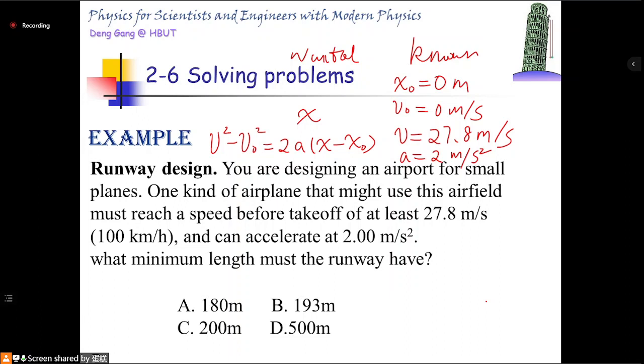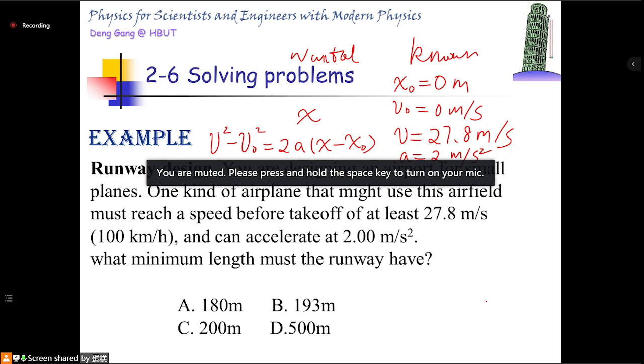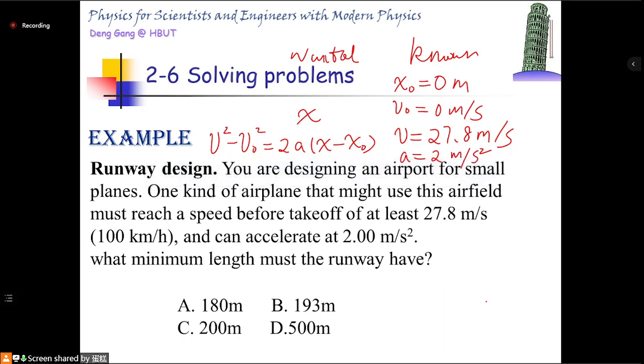So why not this one, 500? Because we do not have such large planes. The largest plane in the world is 85 meters long. No plane can have a length longer than this.